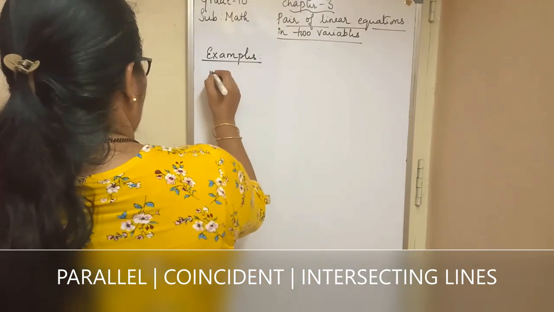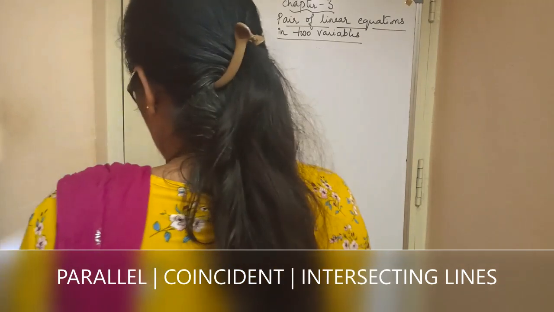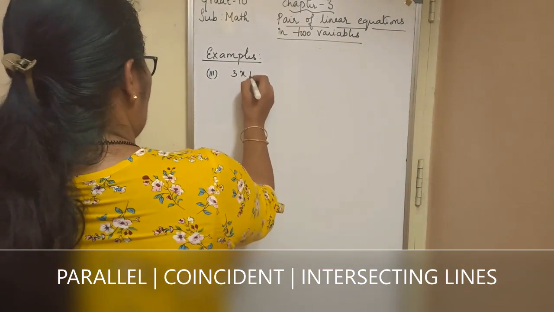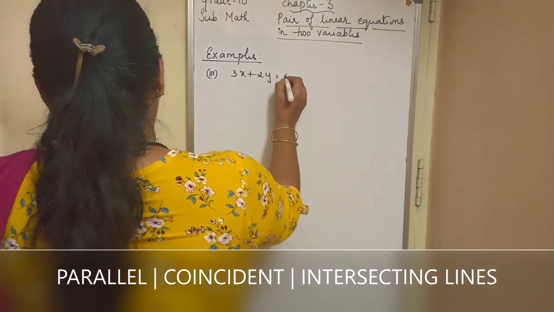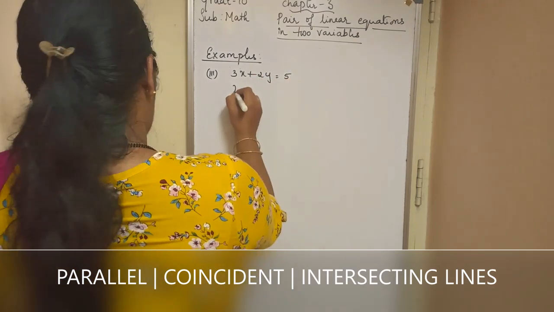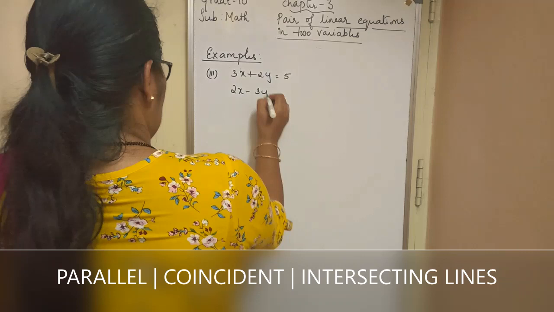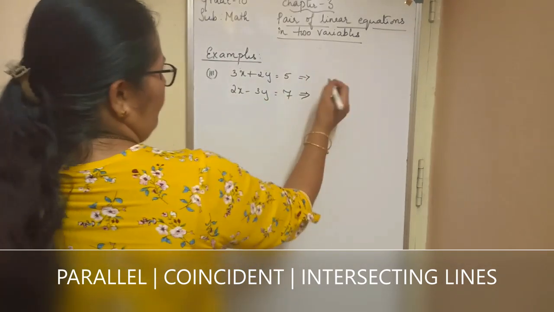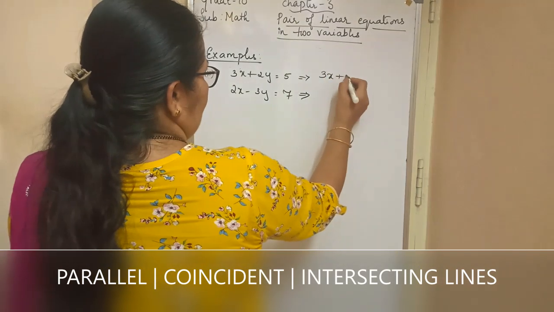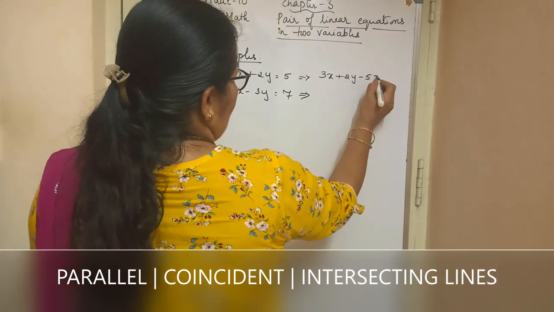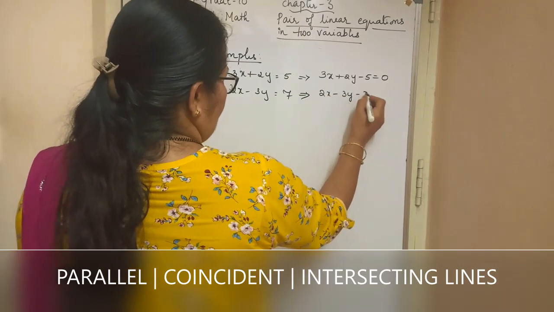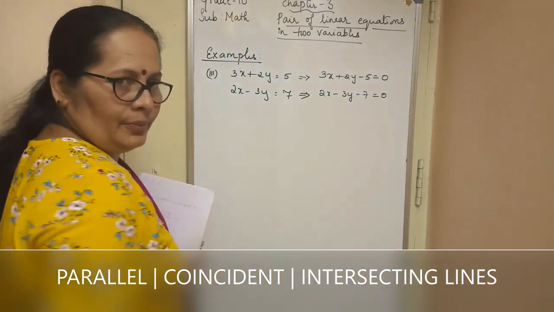Third one. 3x plus 2y equals 5. Then 2x minus 3y equals 7. So this can be written as 3x plus 2y minus 5 equals 0 and 2x minus 3y minus 7 equals 0.